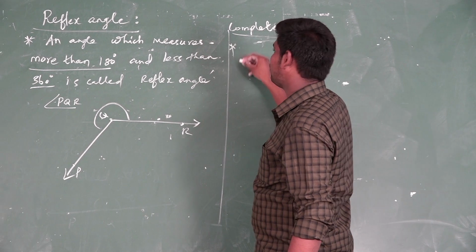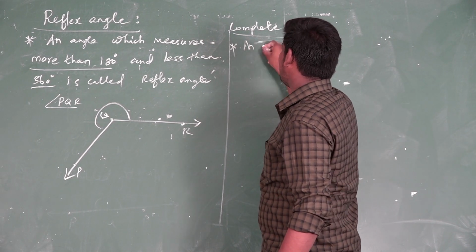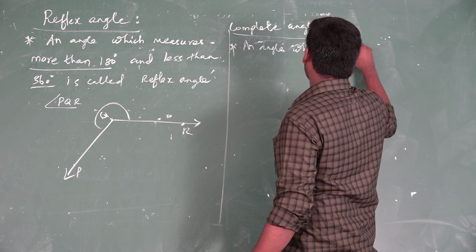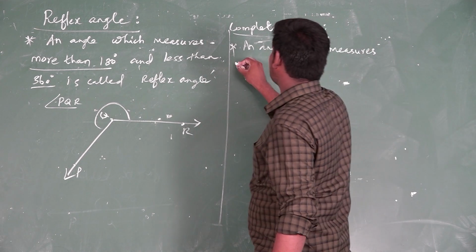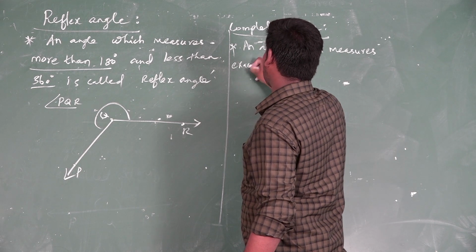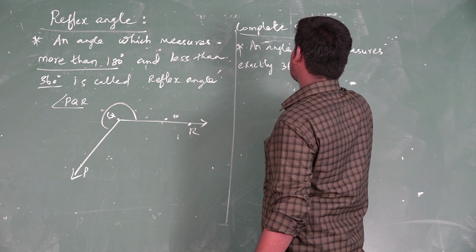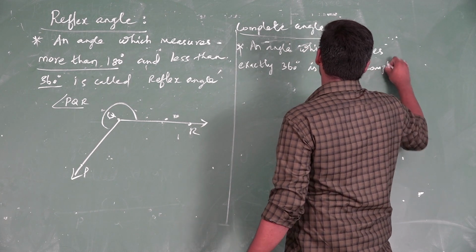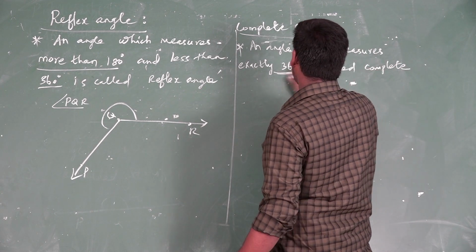Shall we write the definition? An angle which measures exactly 360 degree is called complete angle. So which degree is called complete angle?